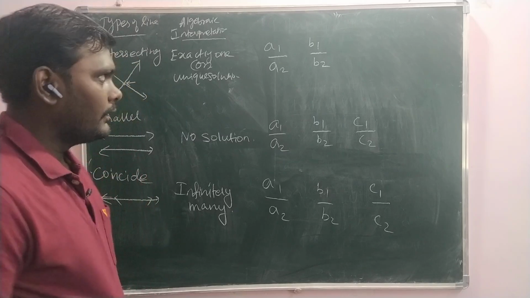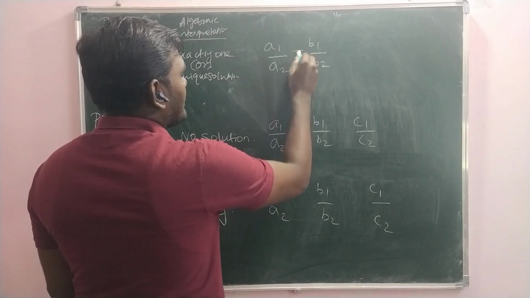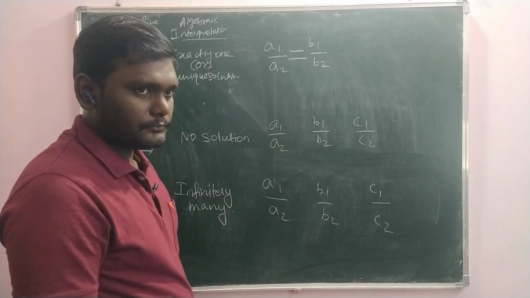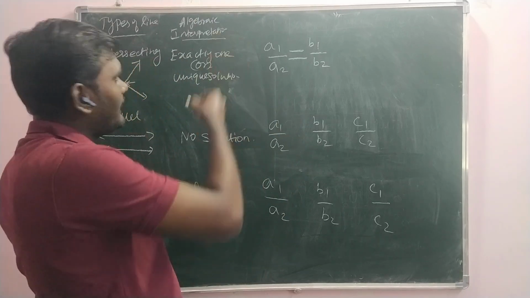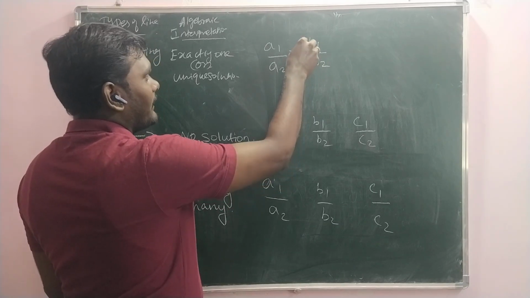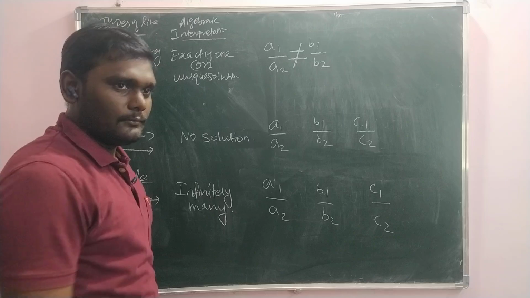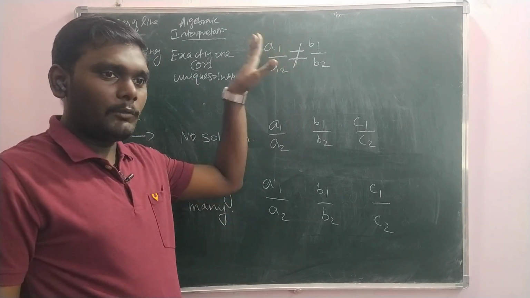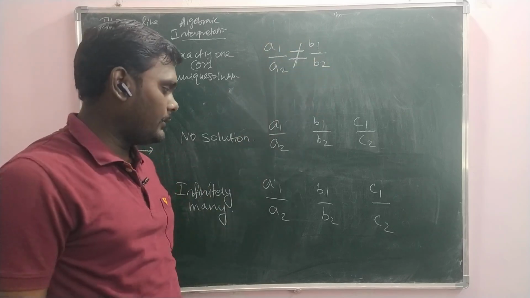Consider the equal sign as two lines. When they say intersecting lines, this ratio will be not equal. That is, a1 by a2 is not equal to b1 by b2.